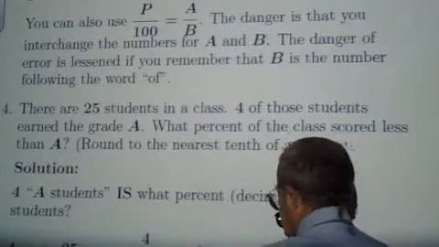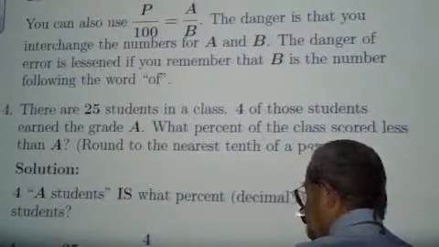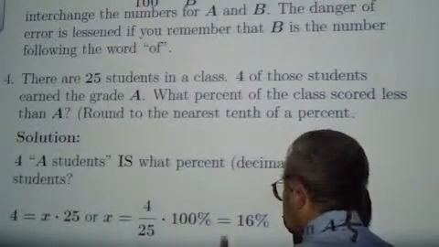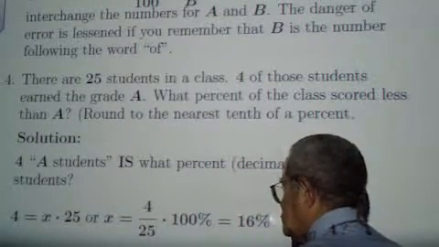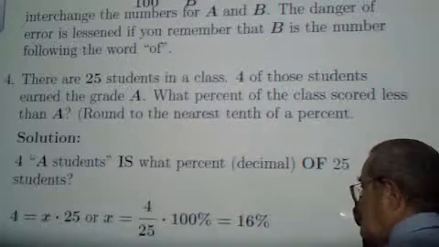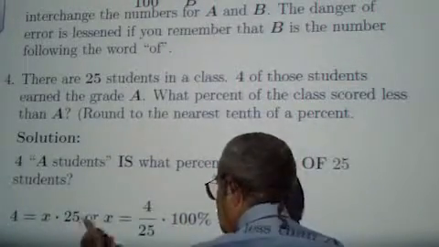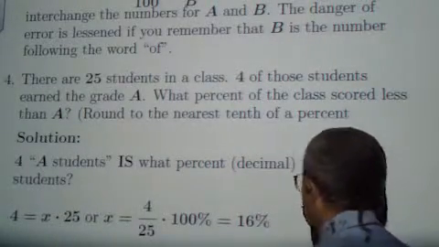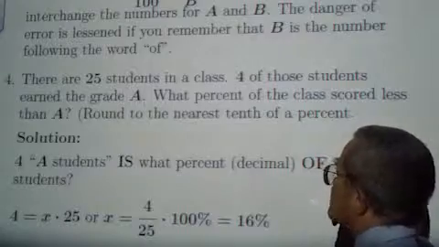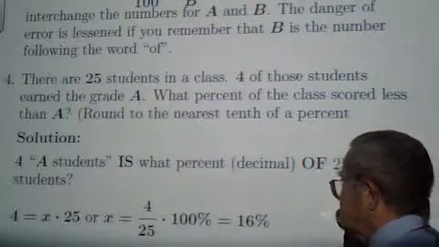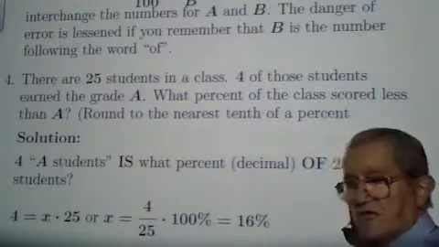So you have 400 over 25, which is 16%. 100 minus 16 is 84, so 84% of the class scored less than A, because 16% got A. That's what I wanted. Okay, you want to look at that quickly?